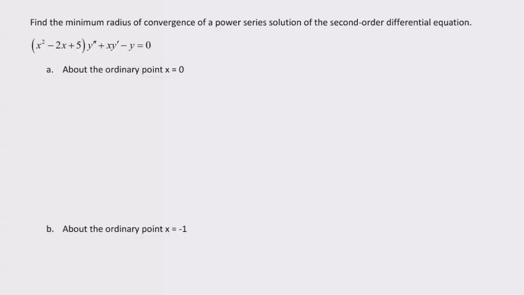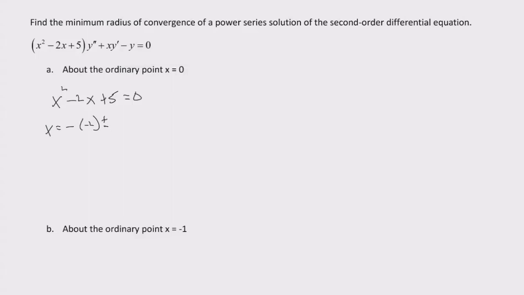All right, so in this one, we're given x squared minus 2x plus 5. And since we're trying to find a solution around a specific point, it'd be good to know what our singular solutions would look like for that function. So we want to solve for x, and that's not factorable.